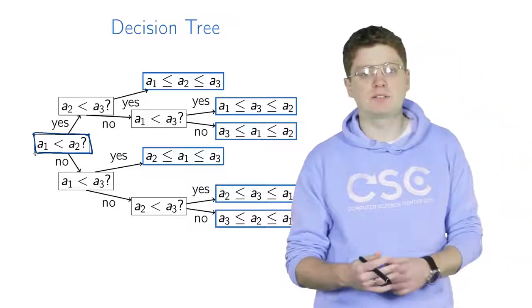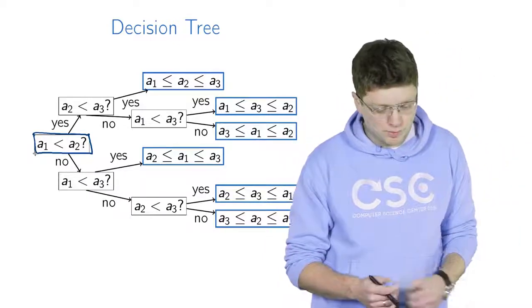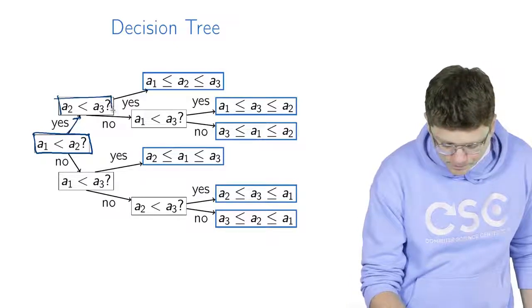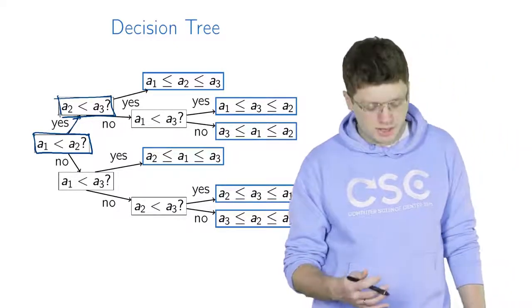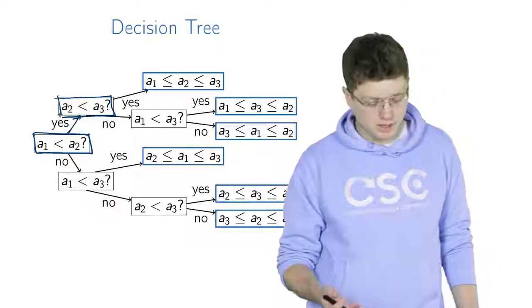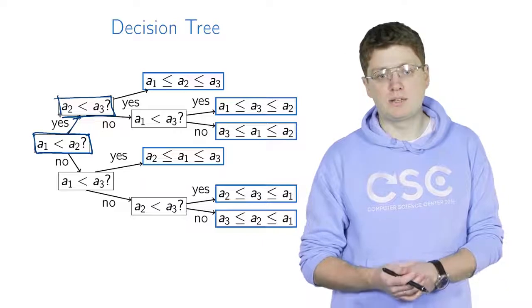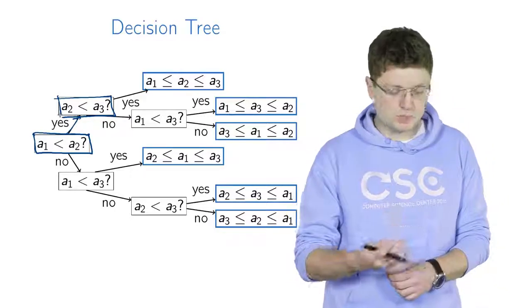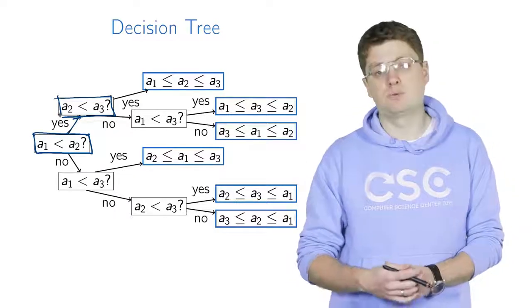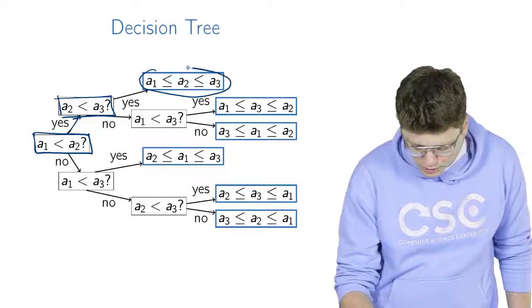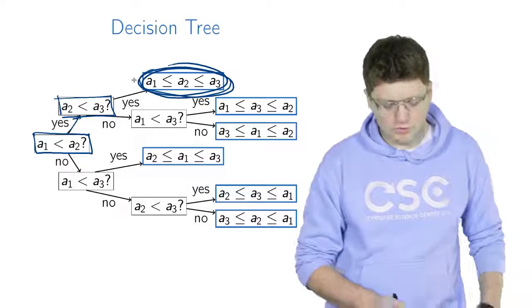If A1 happens to be smaller than A2, then we proceed to comparing A2 and A3. If A2 is smaller than A3, then we already know the permutation of the input three objects in non-decreasing order. Namely, we know that A1 is smaller than A2, and we know that A2 is smaller than A3. So we can just output the following permutation, right?